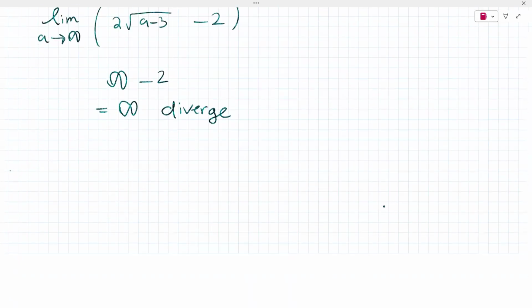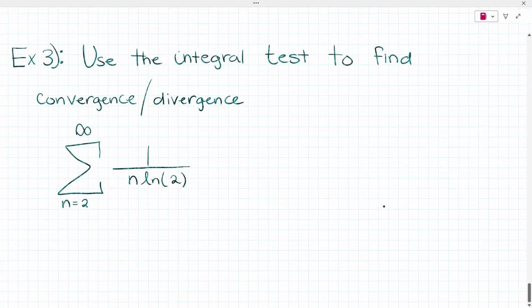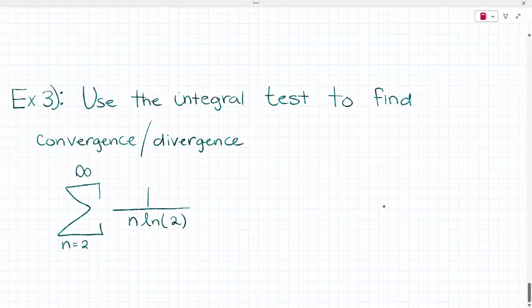Let's move on. Example 3. Use the integral test to find the convergence or divergence. So can we use the integral test?